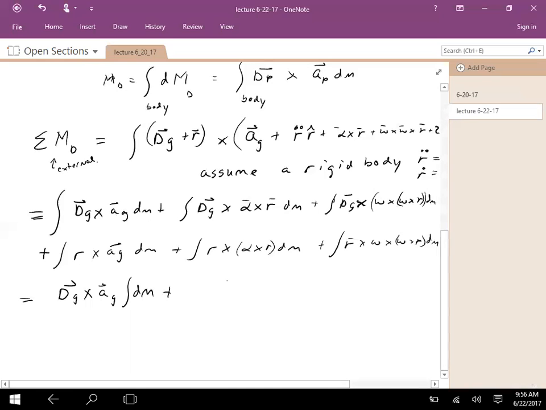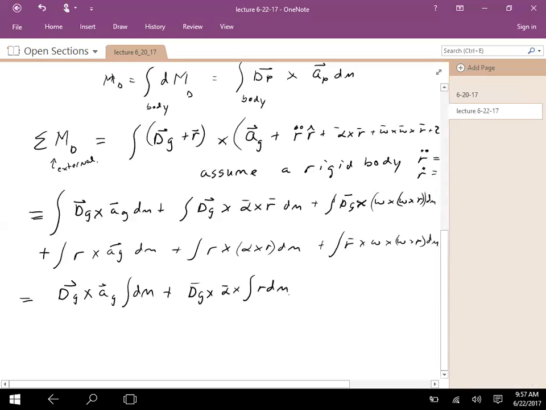The second term gives me this integration. dg is independent of the body, and alpha is independent of little r. So I can pull the dg and alpha out. I get dg crossed with alpha, these are all vectors, crossed with the integral of r dm.